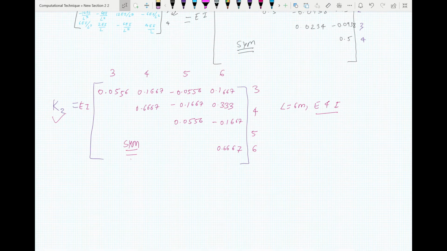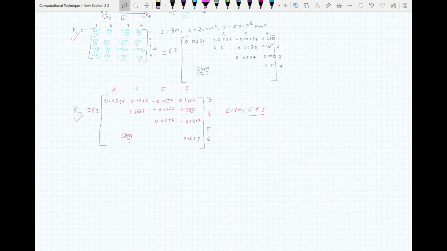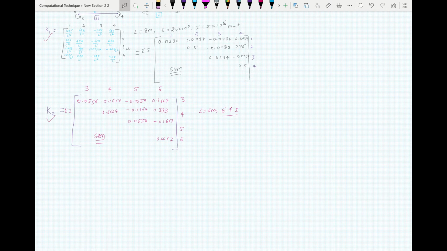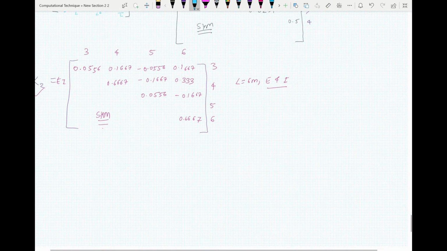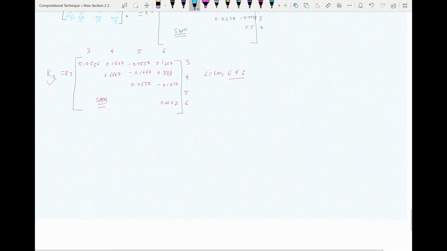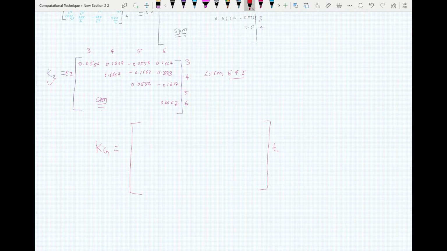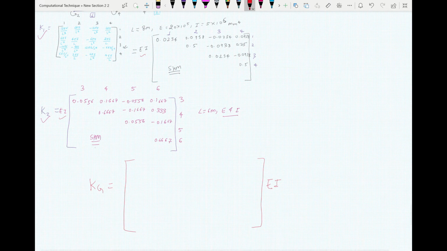Now you have to form your global stiffness matrix depending upon the degrees of freedom. So your global stiffness matrix, let's write it here, Kg will be equal to, you'll have your EI as common in both of them. So for this one you write all of your degrees of freedom.